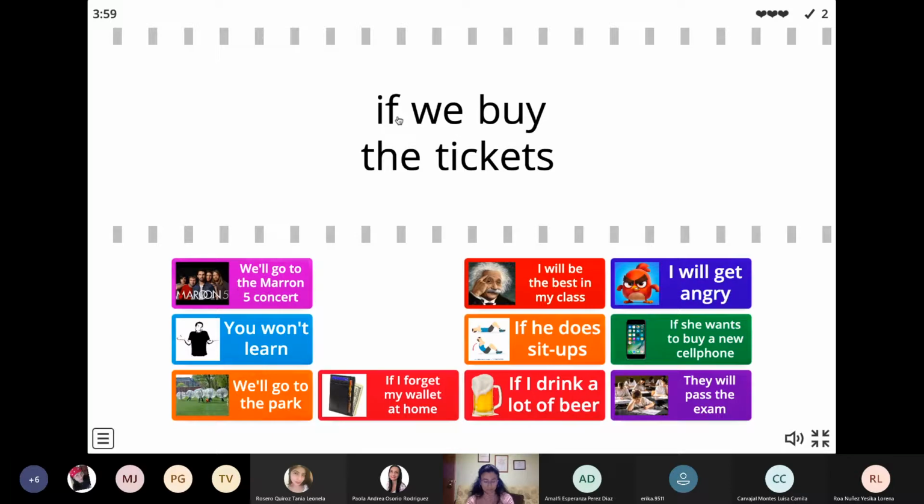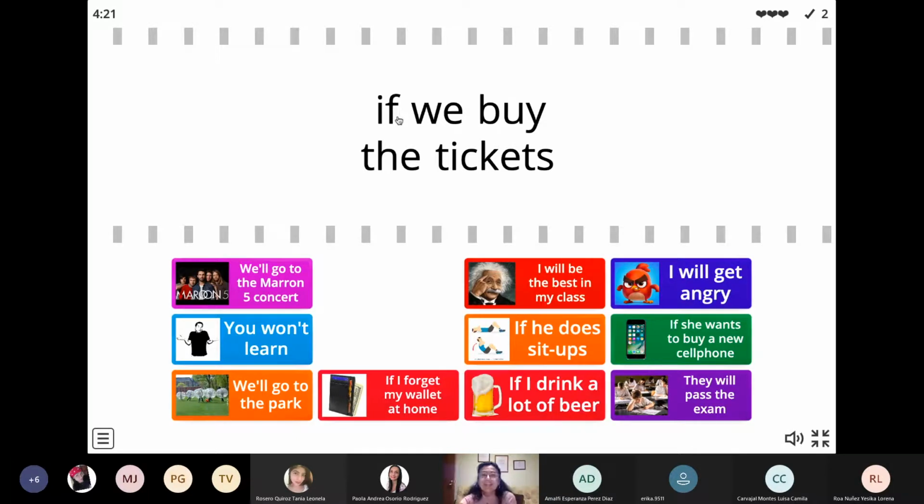We'll go to the Maroon 5 concert tomorrow.